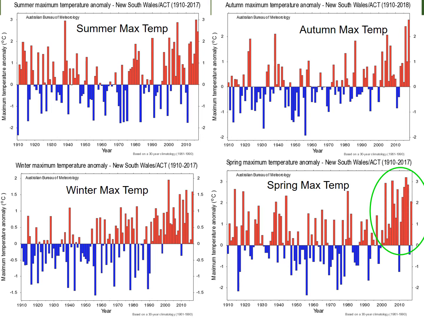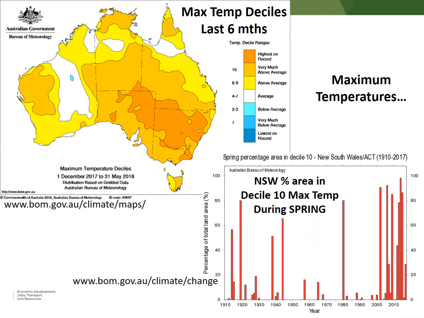So that puts a lot of pressure on our pasture production and crops if we're getting that sort of summer coming a month earlier. And just looking at the last 6 months in terms of max temperature deciles for Australia, you can certainly see that it's actually been warmest on record for max temps in the last 6 months in this part of the world.